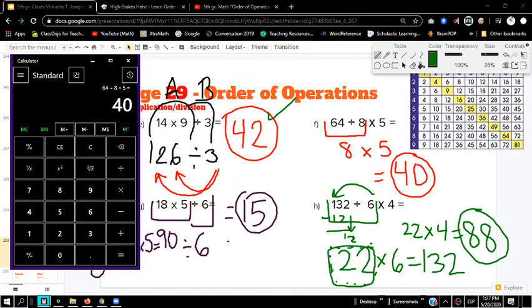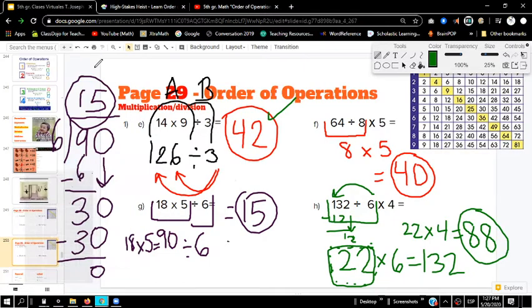You'll notice I didn't even press the equals sign in the middle of the problem, and my calculator still gave me the same correct answer. Let's check letter G. 18 times 5 equals 90 divided by 6. That'll give us 15. And the last problem, 132 divided by 6 equals 22 times 4 equals 88. So we did it correctly. Nice job, boys and girls.